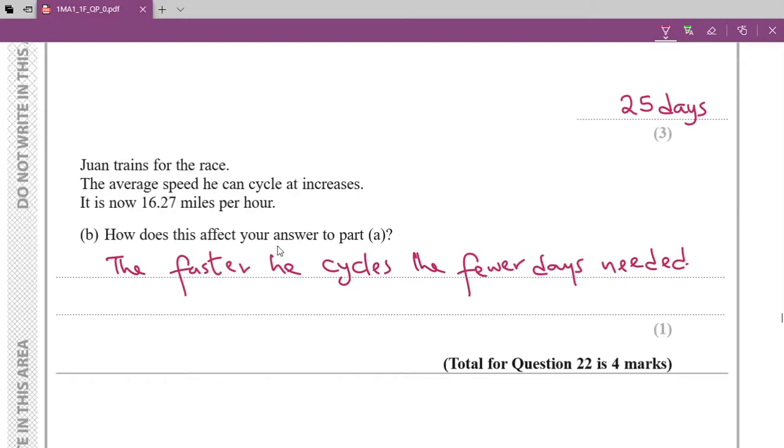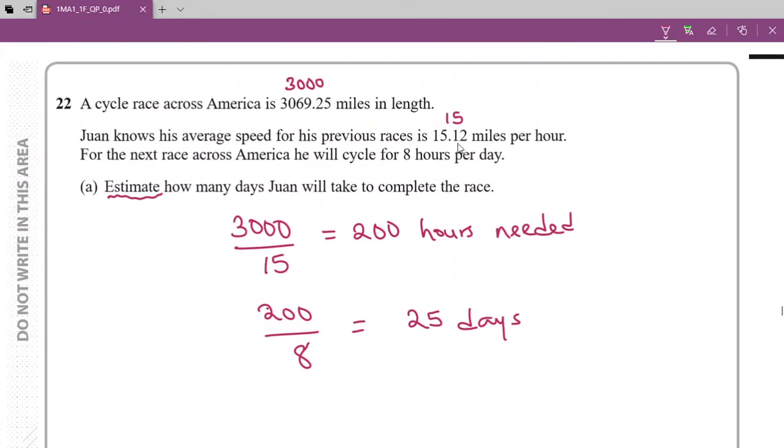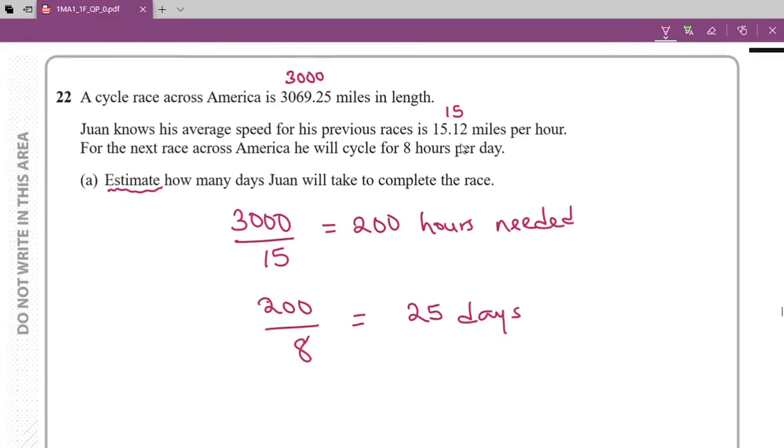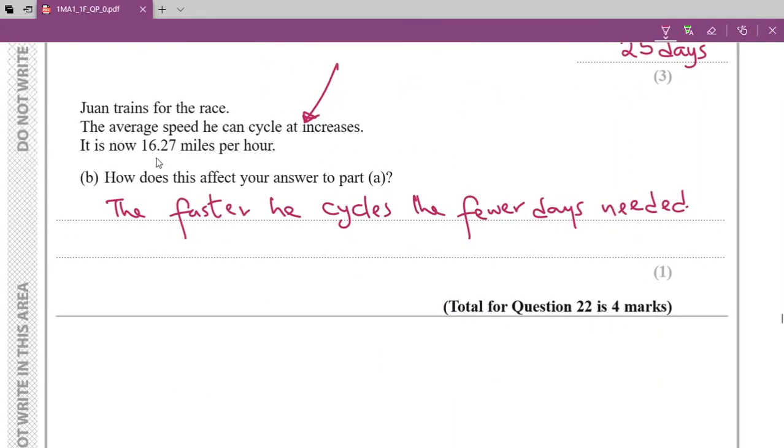The second part says, how does it affect your answer? If you look here, it says the average speed he can cycle increases. It is now 16.27 miles per hour. Even if you round this, it still wouldn't affect my answer, because I had rounded 15.12 to 15 earlier on. If I round 16.27, it still wouldn't affect my answer.